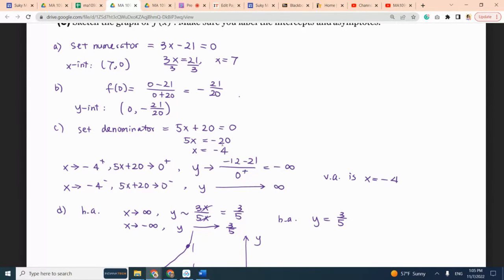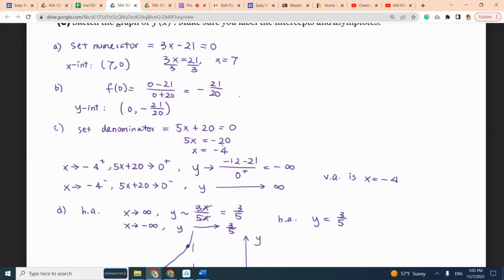Here, negative number over 0 plus is minus infinity. By the way, minus 12 minus 21 is still minus, right? Be careful, this is not multiplication. So your numerator is negative. That's why you get negative infinity.